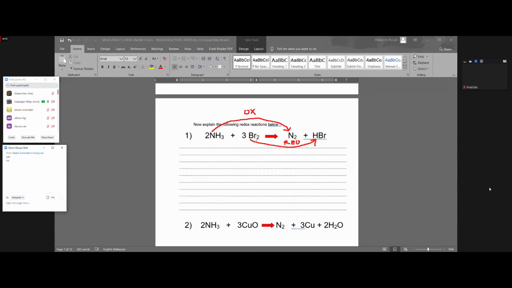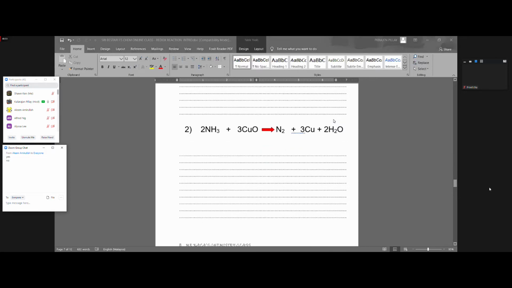Okay, try number 2 now. You can see there are two reactants but three products. Nothing to worry. Hydrogen and oxygen you can also do together. Let's see first. I'm going to guide you.